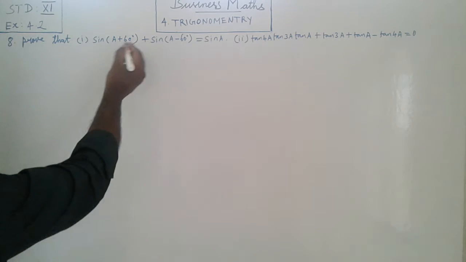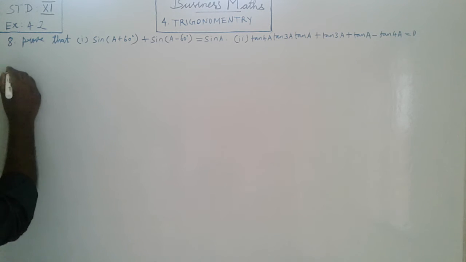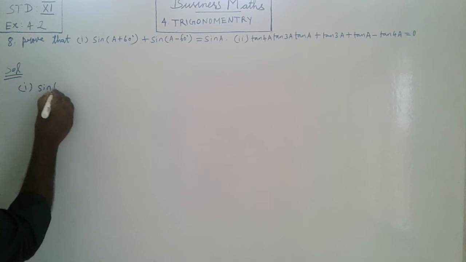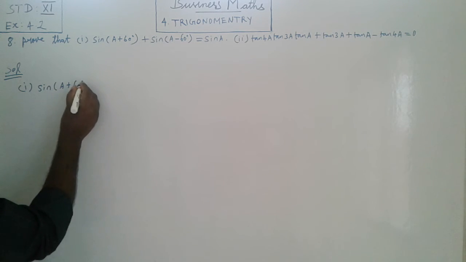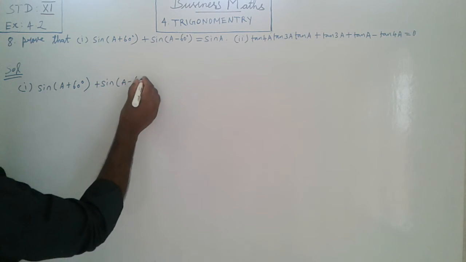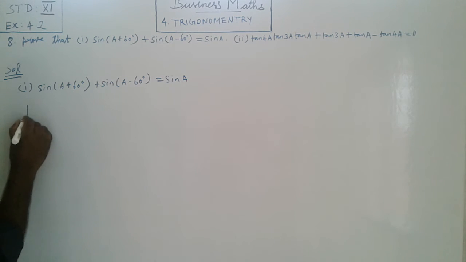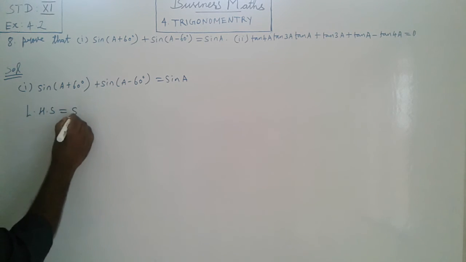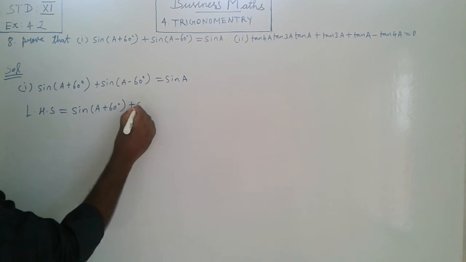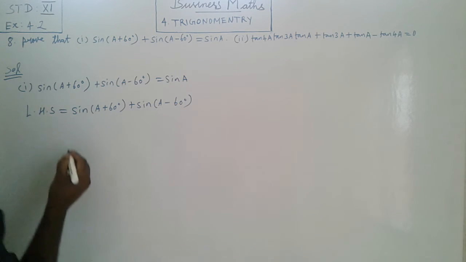Prove that sin(a plus 60 degrees) plus sin(a minus 60 degrees) equals sin a. First sum. Solution: we should prove LHS equals sin(a plus 60 degrees) plus sin(a minus 60 degrees).